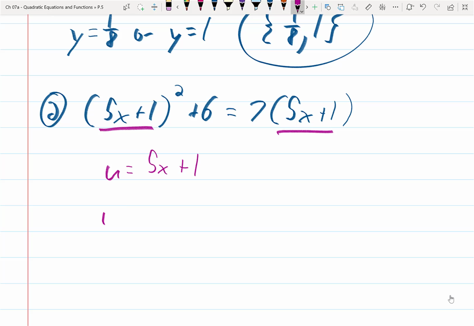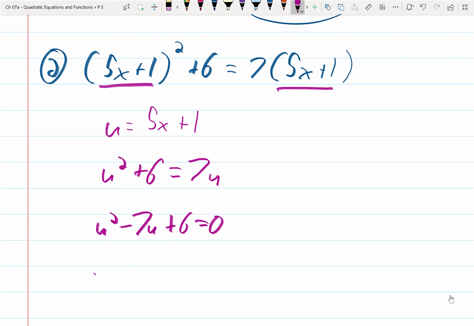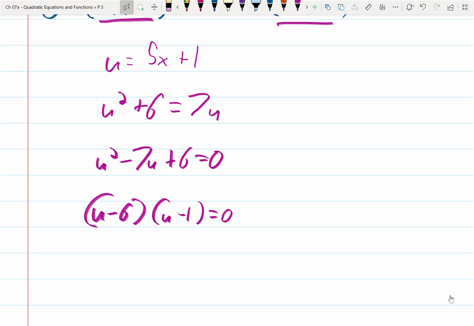So we get u squared plus 6 equals 7u, or u squared minus 7u plus 6 is equal to 0. This also factors: u minus 6, u minus 1. Which means that u could be equal to 6 or u could be equal to 1.